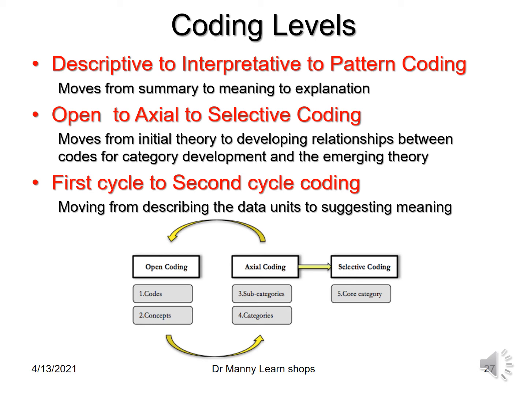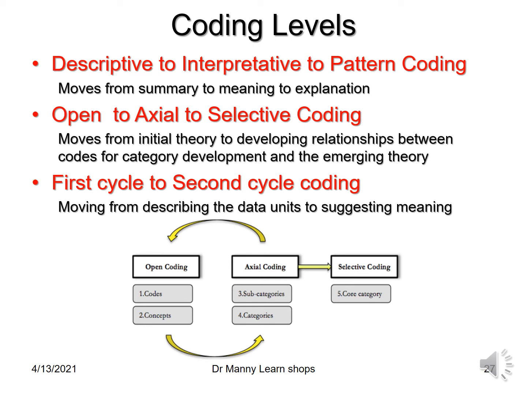What are certain coding levels? Well, you've got plenty. It depends on the research approach that you're taking. But they can be descriptive to interpretive to the coding pattern, and that moves from summary to meaning to explanation. You can have open coding, axial coding, selective coding.